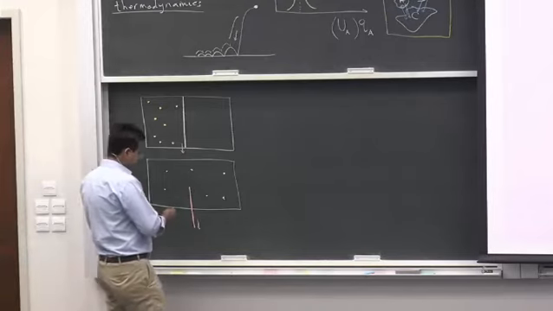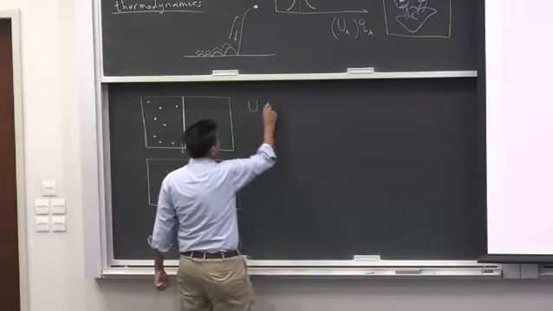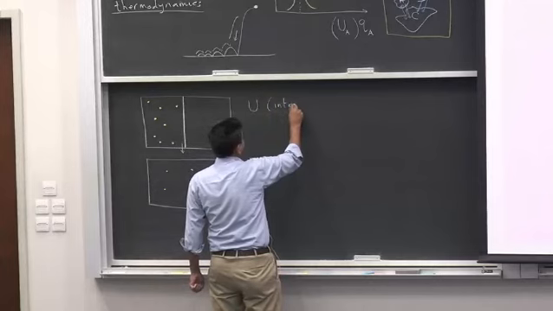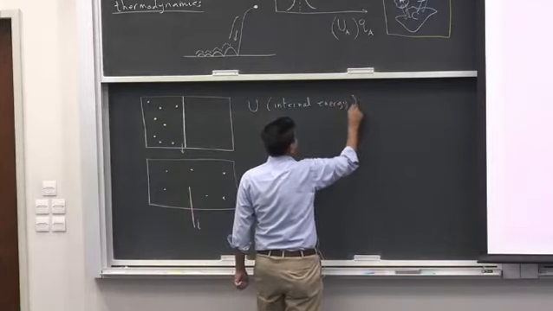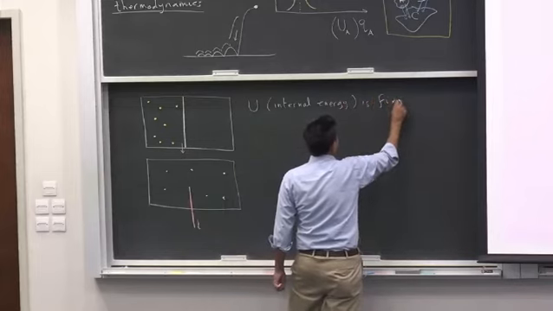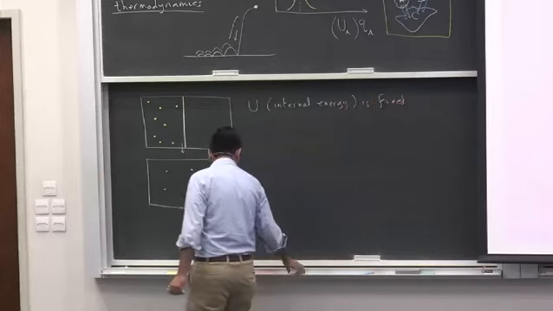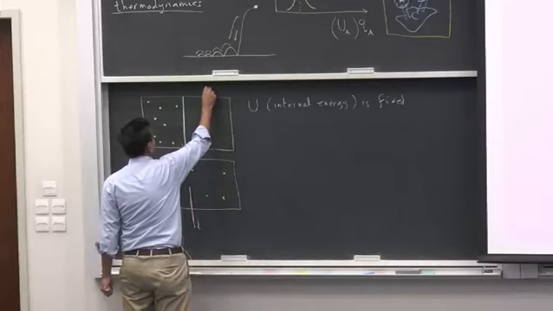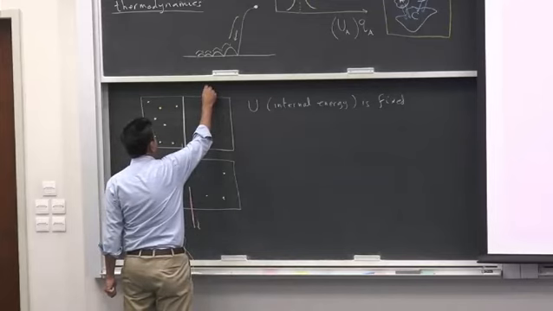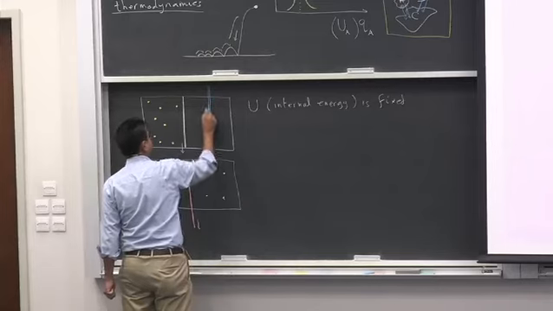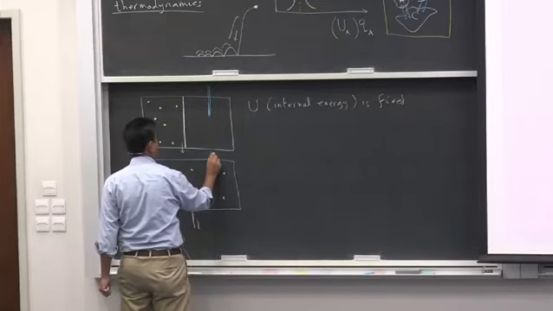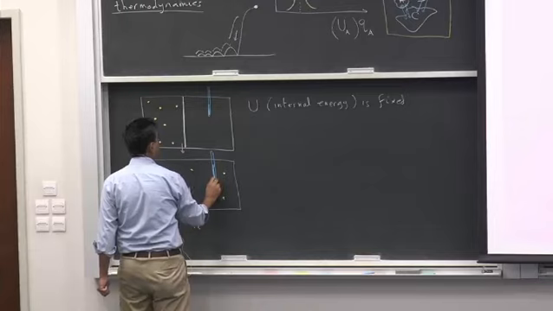Now, the energy of the system is not changing, which means the U, which is the internal energy, is fixed. So if I put a thermometer inside this chamber, this is the level of mercury.